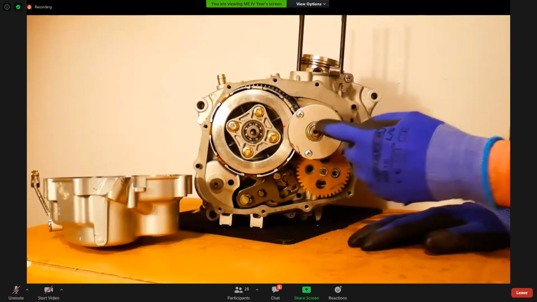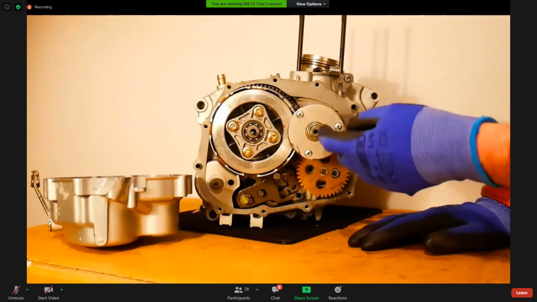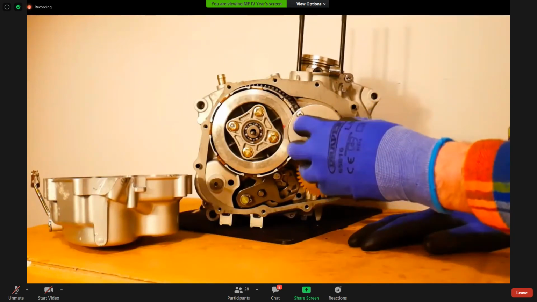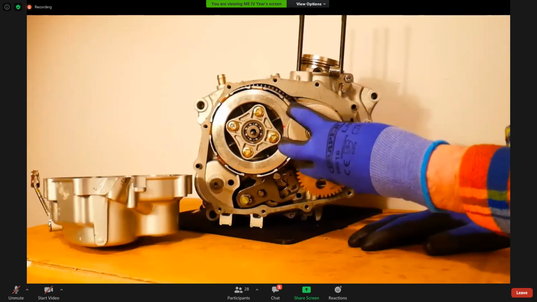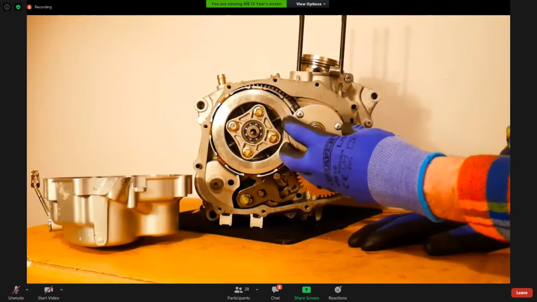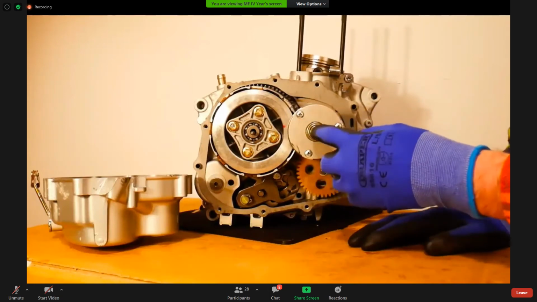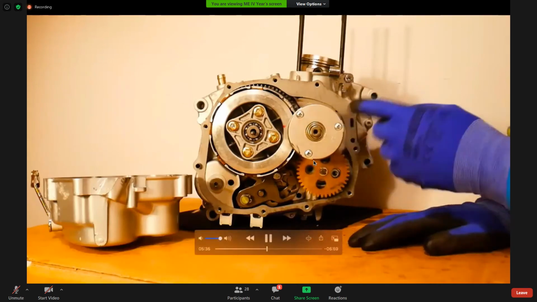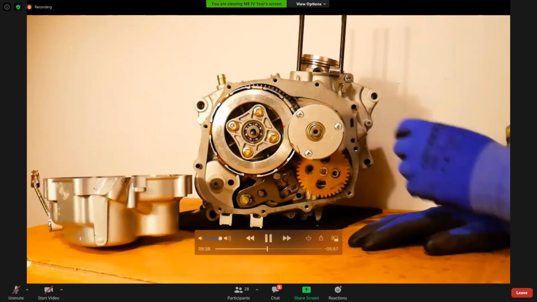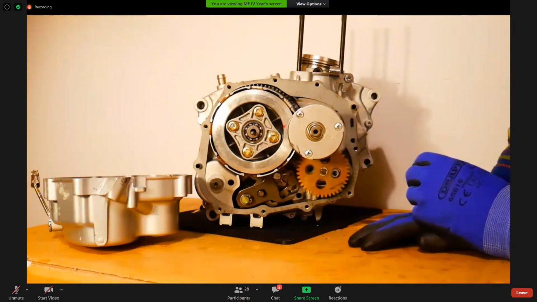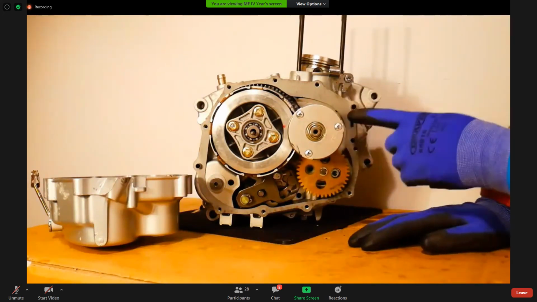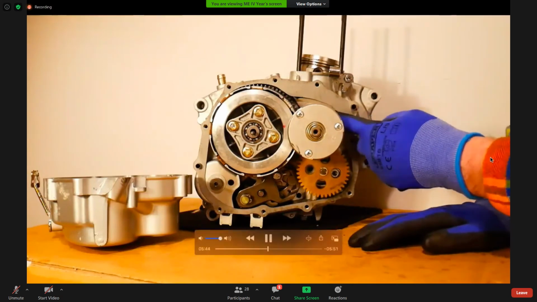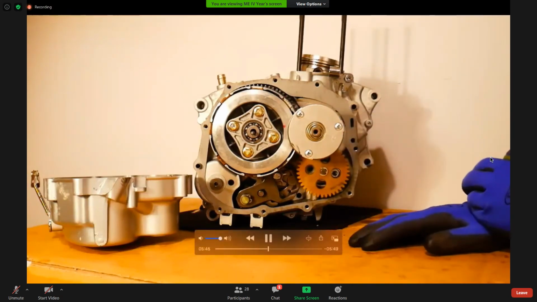The heavy components in the oil are pushed out to the end due to centrifugal force, but the oil itself, which is lighter than the heavy components, will flow down through the middle of the oil filter and will then flow back into the engine of the motorcycle.